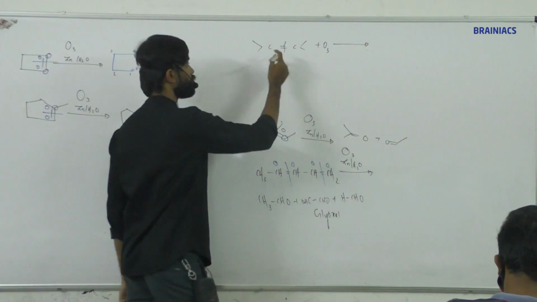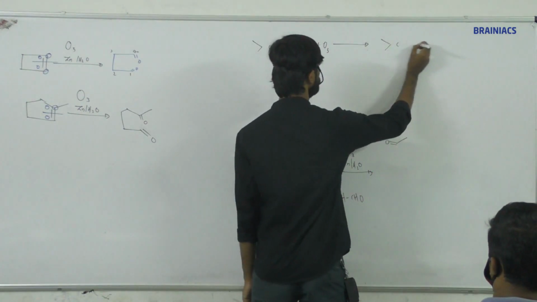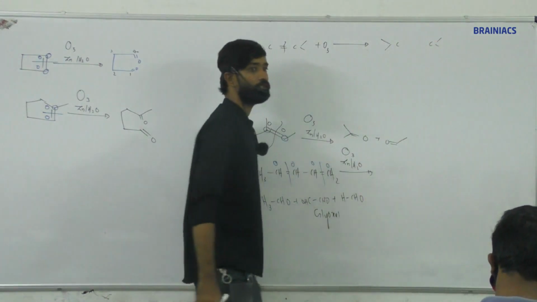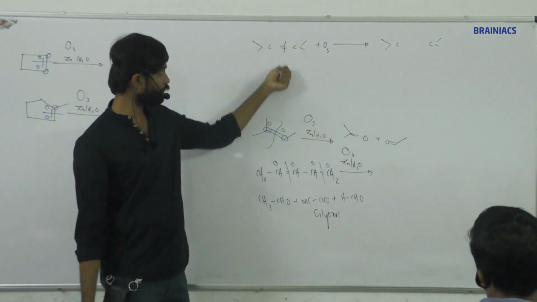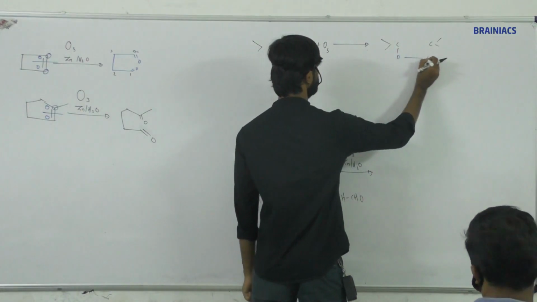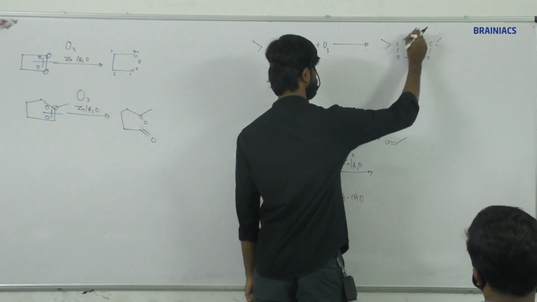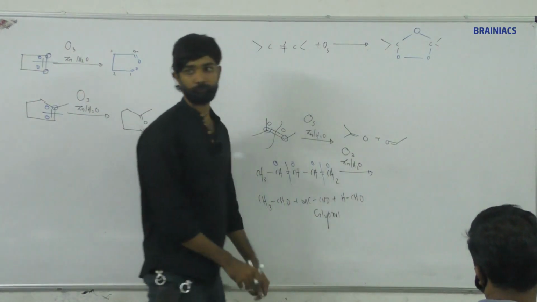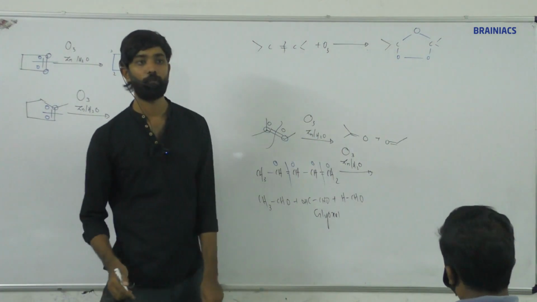So this entire unsaturation is cleaved to form a new ozonoid. And this is how the ozonoid can be designed. Listen, you simply leave the double bond, okay, and make an O connection like this and a single connection like this. Ready? Using O3, you obtain the ozonoid.